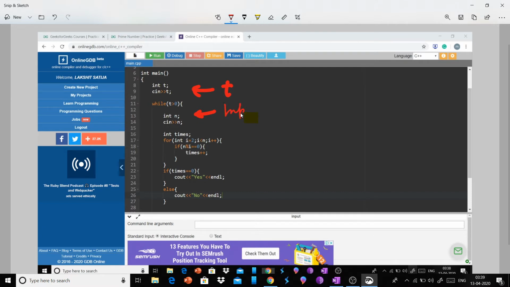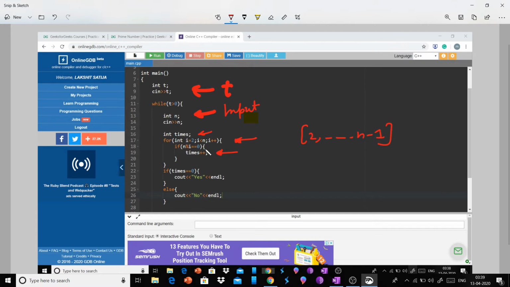Now what I have done here, right? I have maintained a variable times. How many times the remainder will equal 0, right? We have to check between 2 and n minus 1, right?